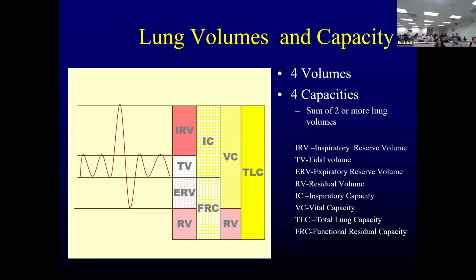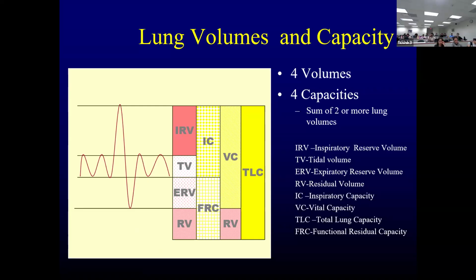The point that I'm trying to make is that even if you exhale out the best that you can, there will be some volume left in your lungs. That's called residual volume. So we have 4 types of volumes that we can measure in our patient: tidal volume, inspiratory reserve volume, expiratory reserve volume, and what is left in the lung, the residual volume.